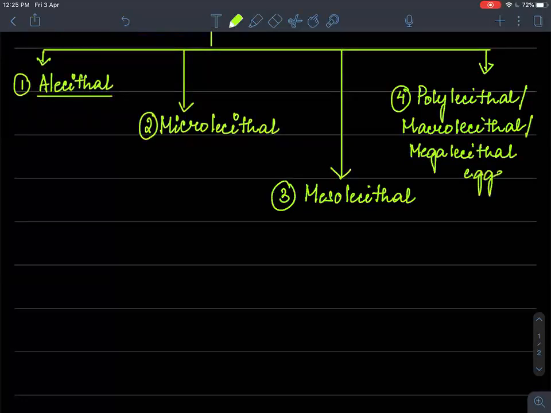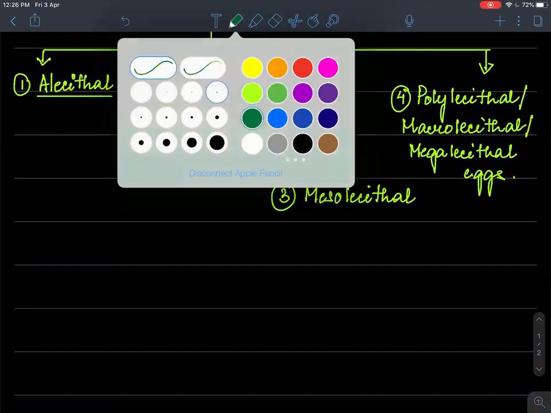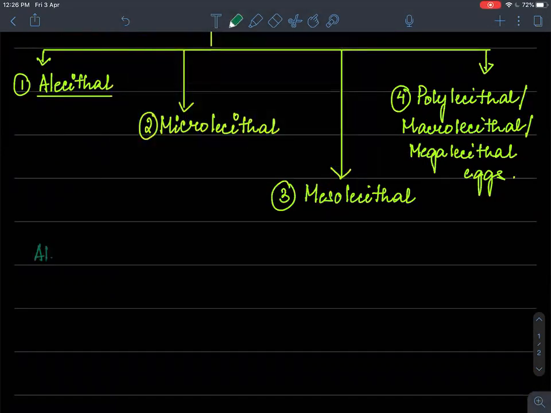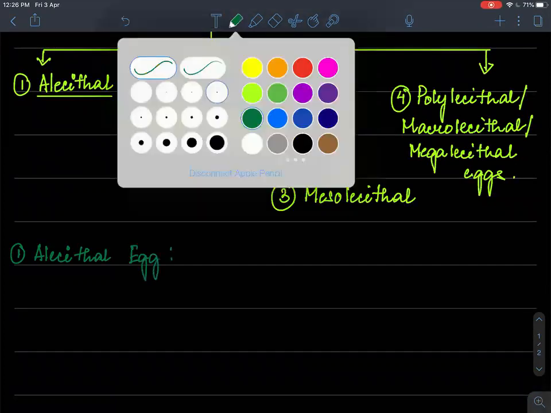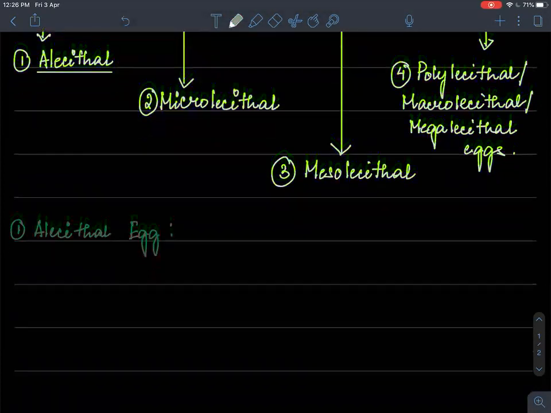So let's look into each of these. The first type we are going to look into is the alecithal egg. We can see that yolk is absent.